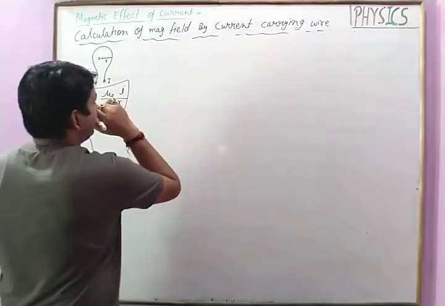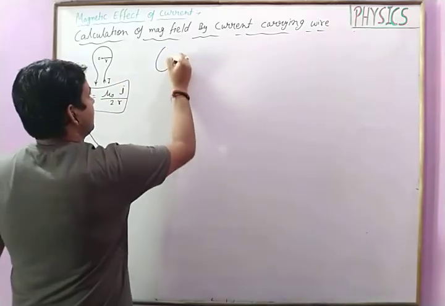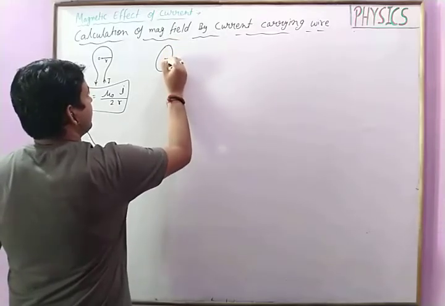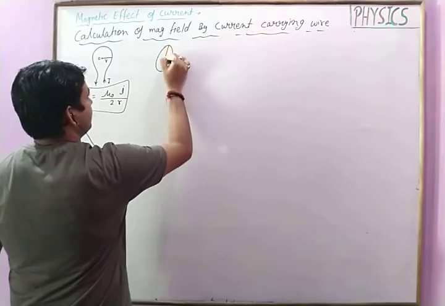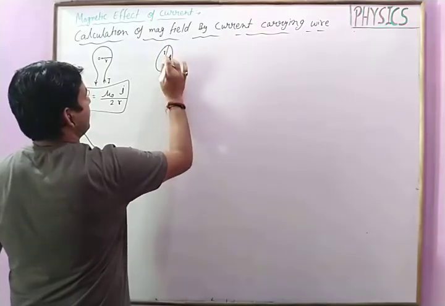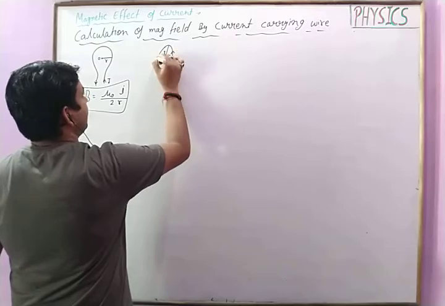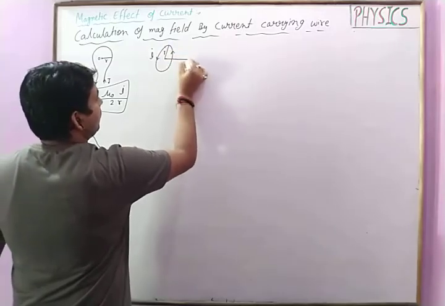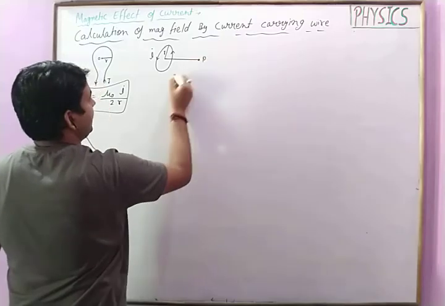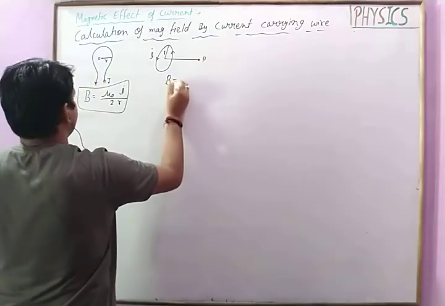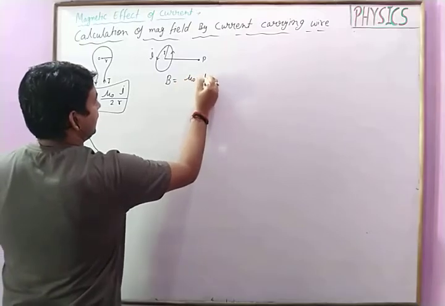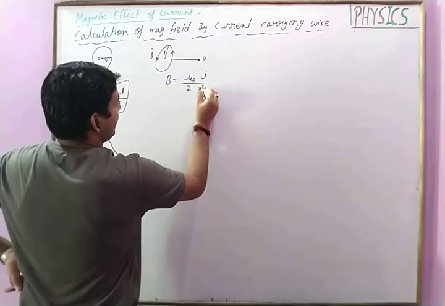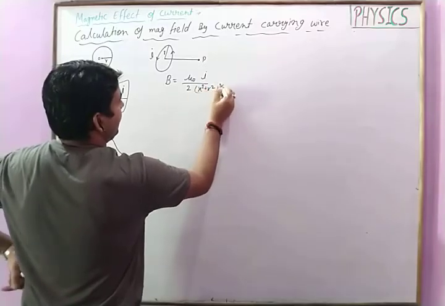Second case, due to a current carrying circular coil of radius R having current I, on the axis at point P, the magnetic field is mu naught I r square upon 2 times x square plus r square to the power 3 by 2.